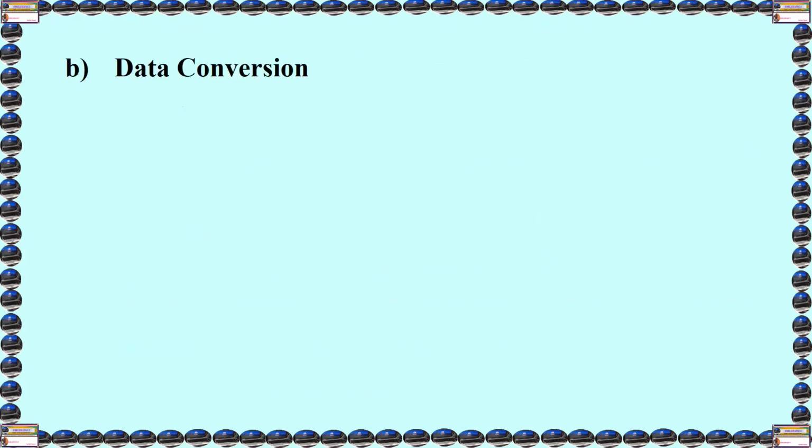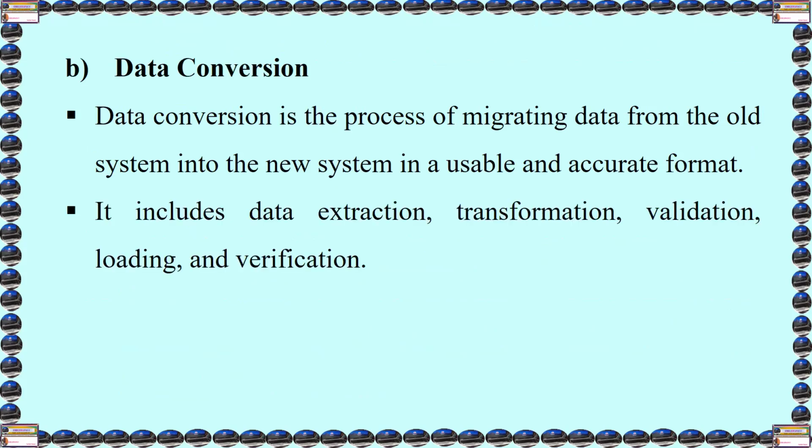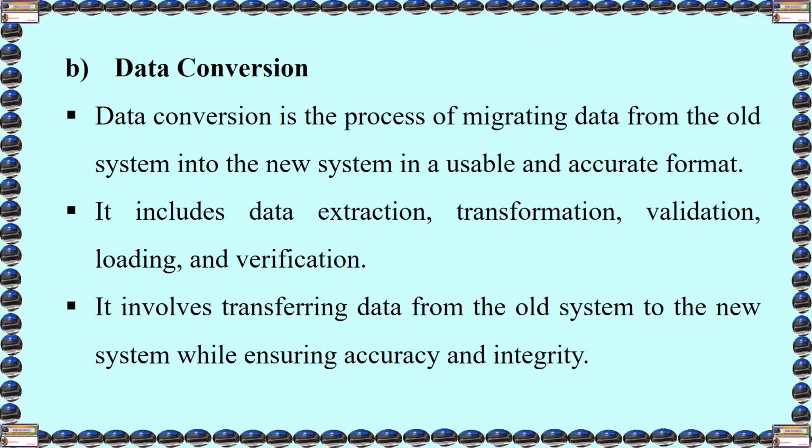The next activity is execute data conversion. Data conversion is a process of migrating data from the old system into the new system in a usable and accurate format that is compatible with the new system. It includes data extraction, transformation, validation, loading, and verification.